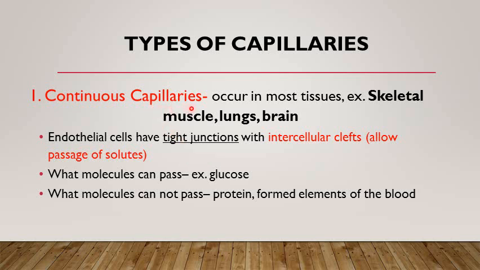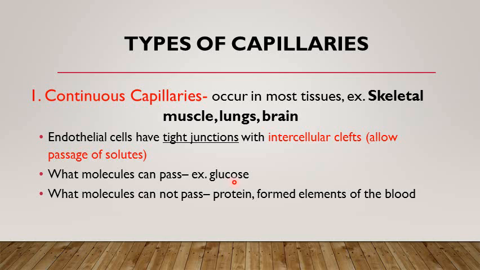The location of these capillaries is in the skeletal muscle. Continuous capillaries are present in the lungs and in the brain. Only selective components pass through them, mostly small caliber components, especially glucose.